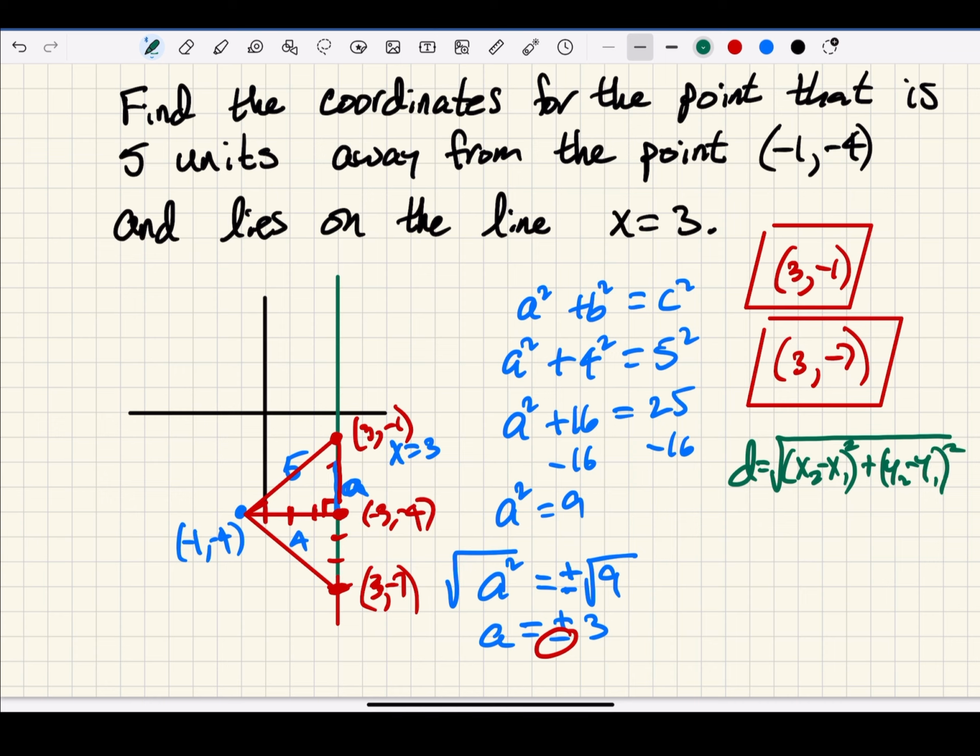And then we could say, all right, here's what I know. I have a dot at -1, -4, and maybe I'll call that x1, y1. And then I have another dot where the x-coordinate is 3, and I don't know what the y-coordinate is, so we'll call it y2. And this 3 would be x2.